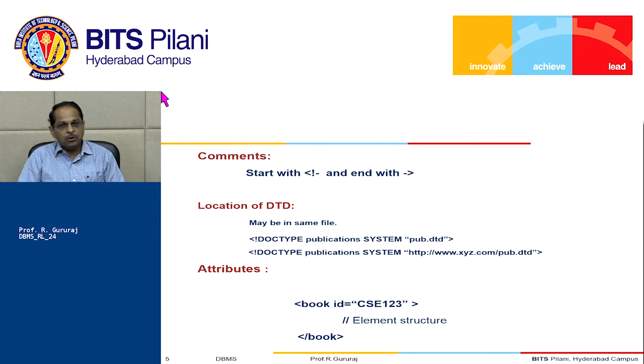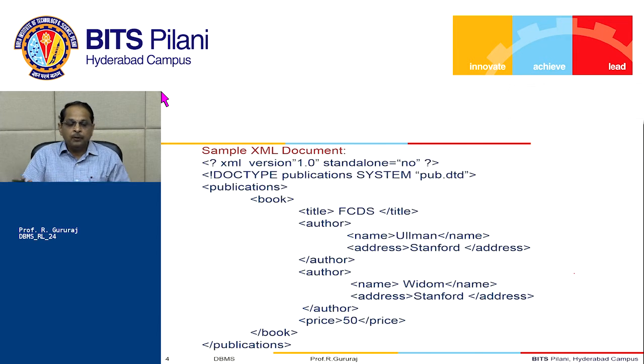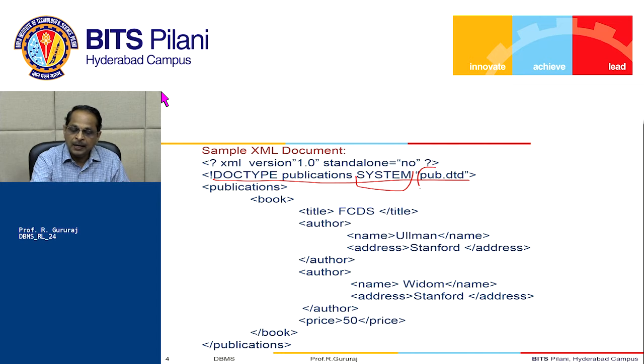If you look at the XML document, we can also include comments in the document by using this syntax. And if you want to specify the location of the DTD, this gives the DTD file I am adopting to structure this XML document. It says that it is not along with the document, rather it is available in the system as a separate file known as pub.dtd.